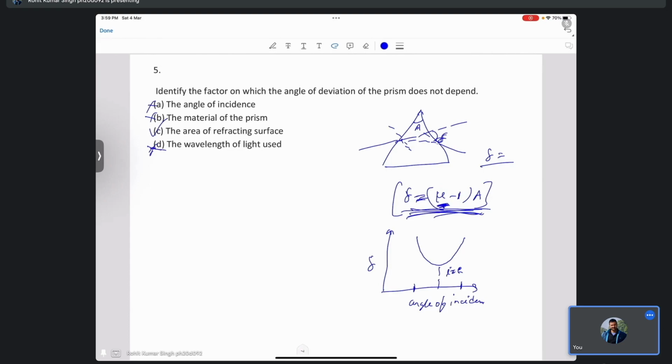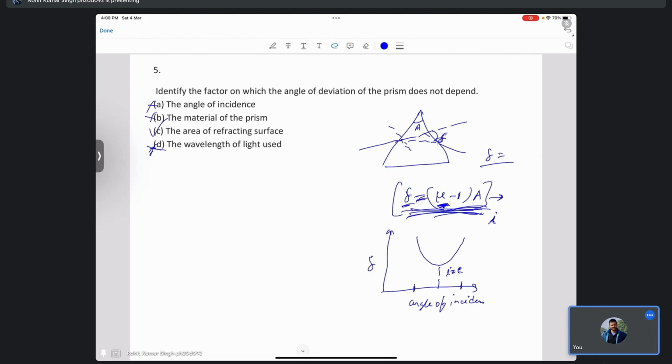Also, in the derivation of this formula, the angle of incidence has been used in many steps. So if you go through the derivation of this formula, you will see how the angle of incidence can change the delta.